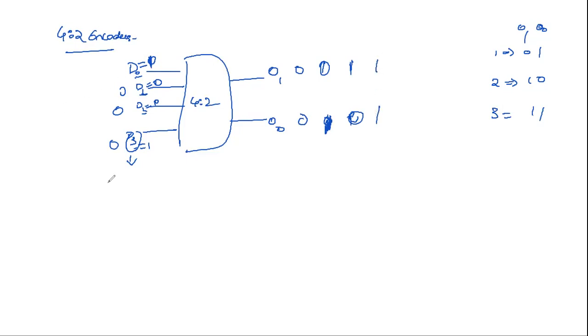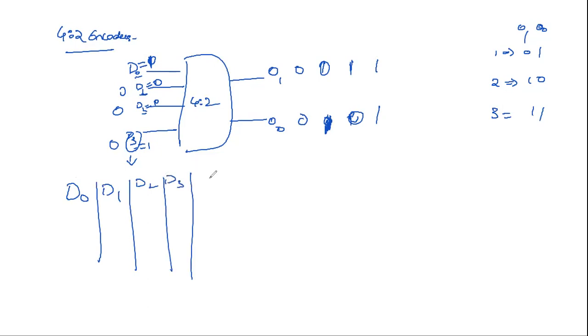Let us draw the truth table: D0, D1, D2, D3, O1, O0. When D0 is 1 and the remaining are all zeros, the output is 0 0, the binary value of 0.